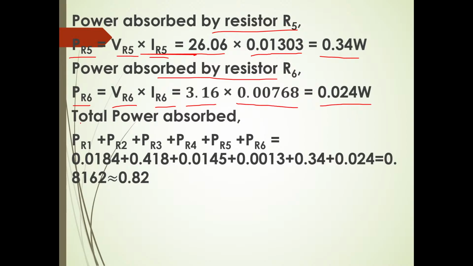Now, what is the total power absorbed by resistors R1, R2, R3, R4, R5, R6? You have to simply add all the powers: PR1 plus PR2 plus PR3 plus PR4 plus PR5 plus PR6. Simply add the powers absorbed by each resistor.